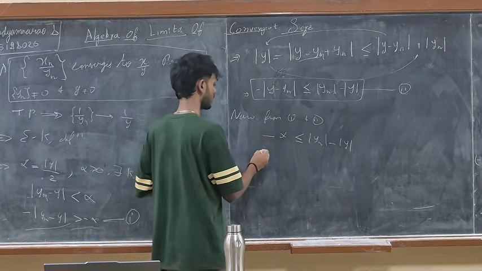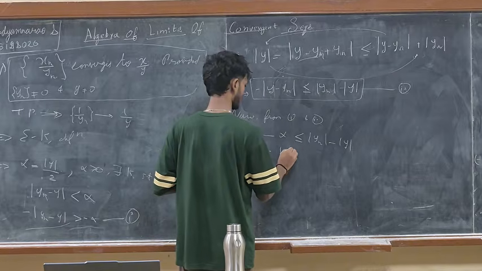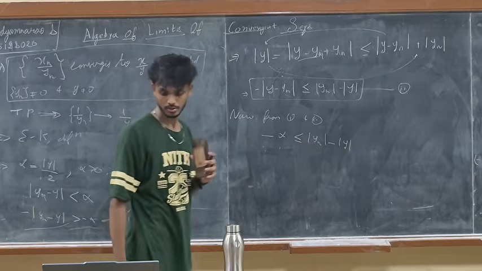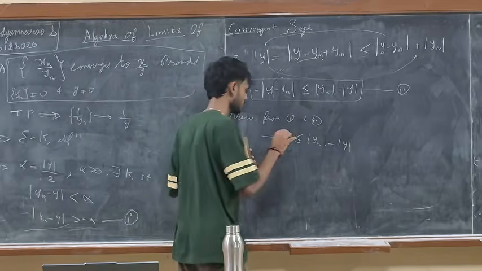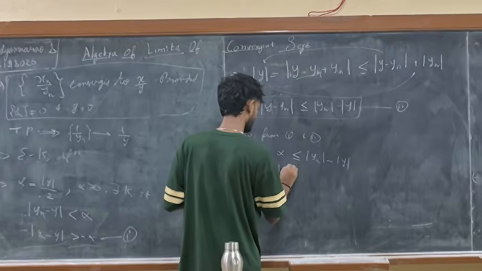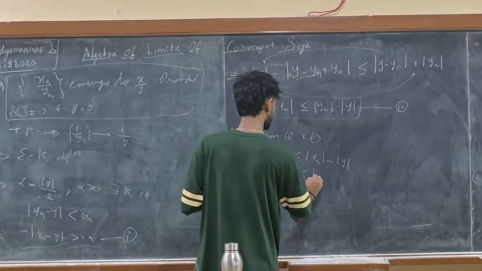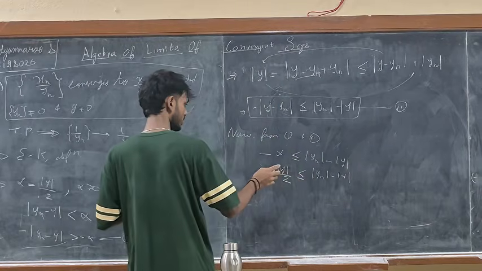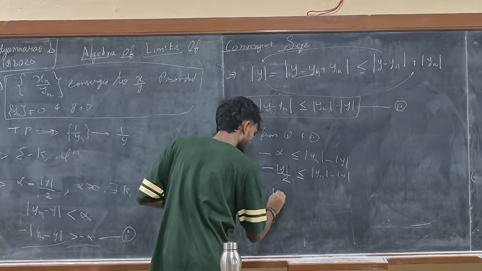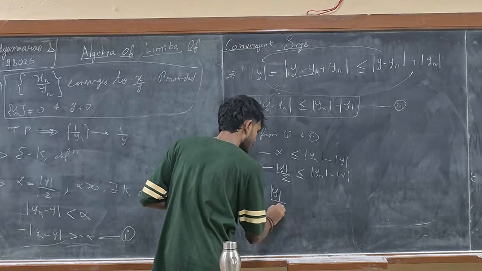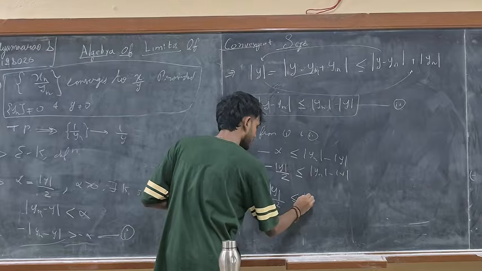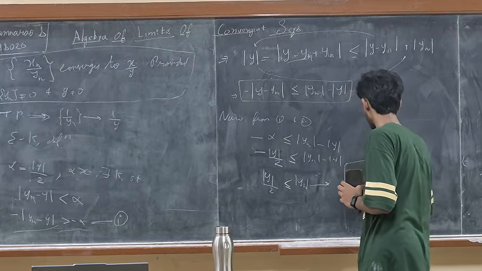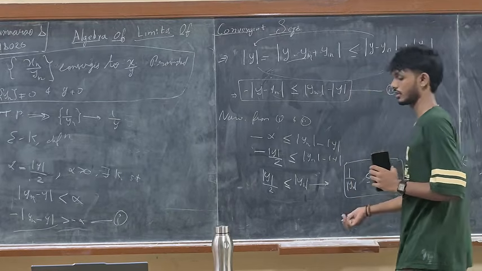And here my alpha was minus mod y by 2, which is less than or equal to mod y_n minus mod y, which then simplifies to mod y by 2 is less than or equal to mod y_n. Call this equation 3.